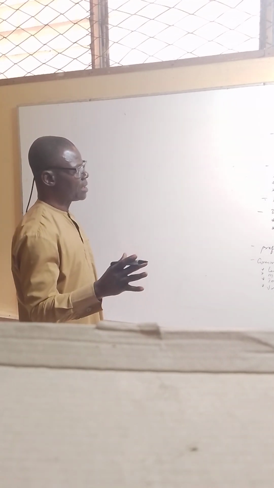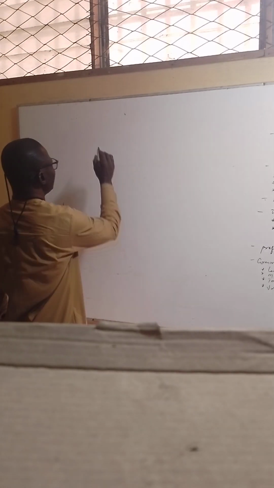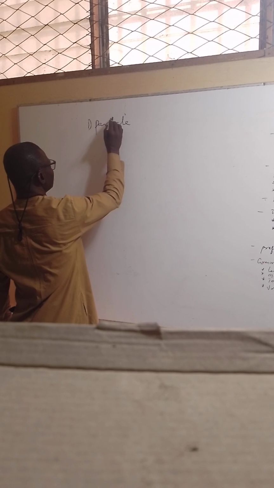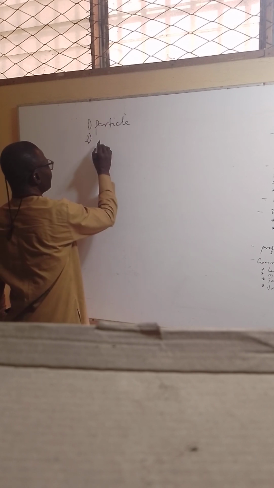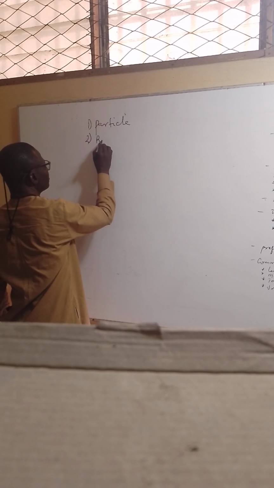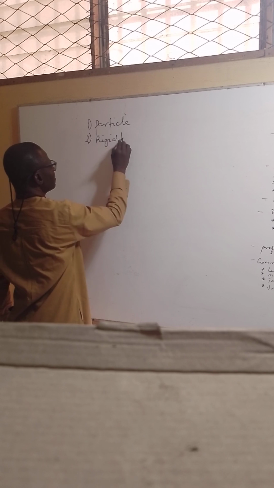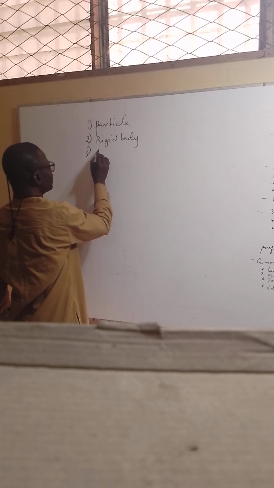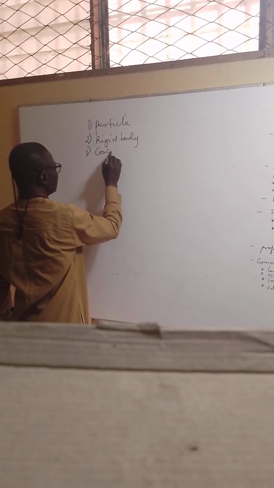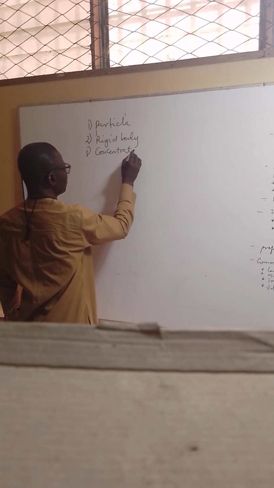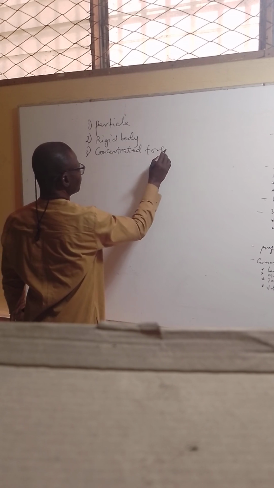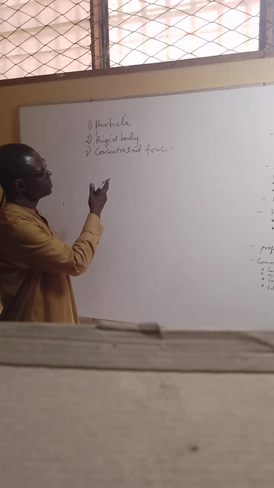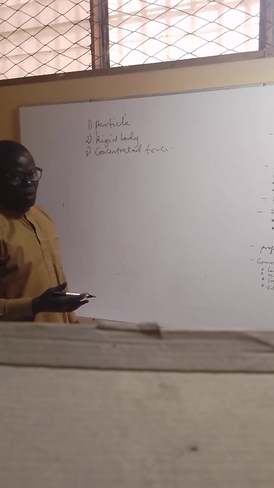Some of these idealizations we have in mechanics are: one, a particle; two, a rigid body; and three, a concentrated force. Let's look at these one by one.